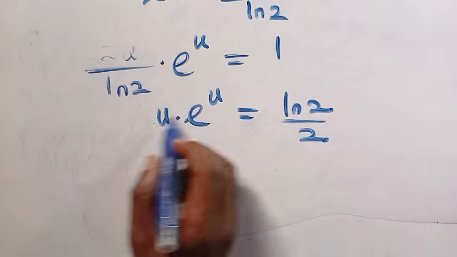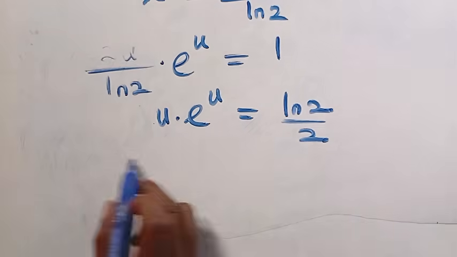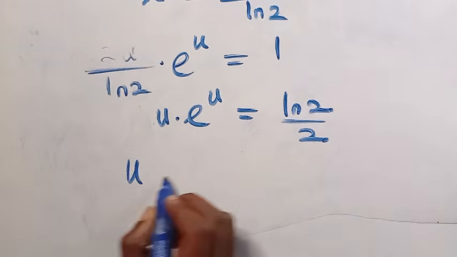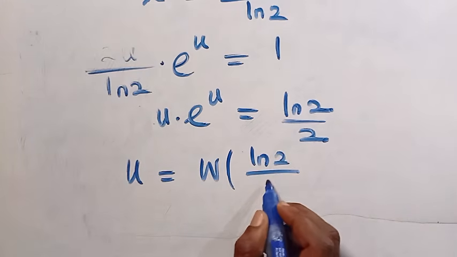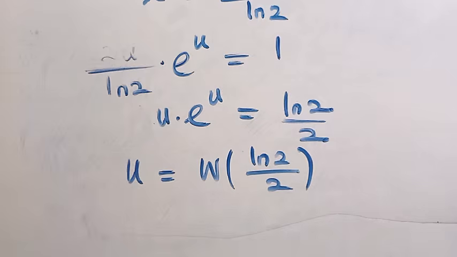Because the coefficient at the power of u must be the same, introducing W to both sides, we have u equals the omega of ln 2 divided by 2.